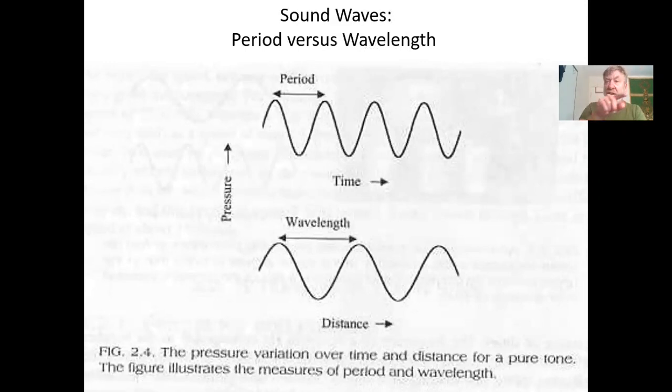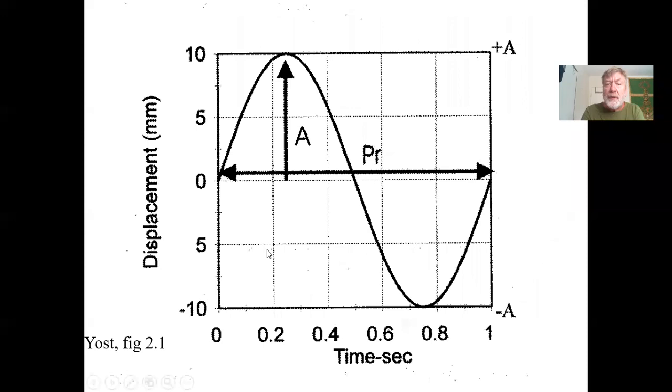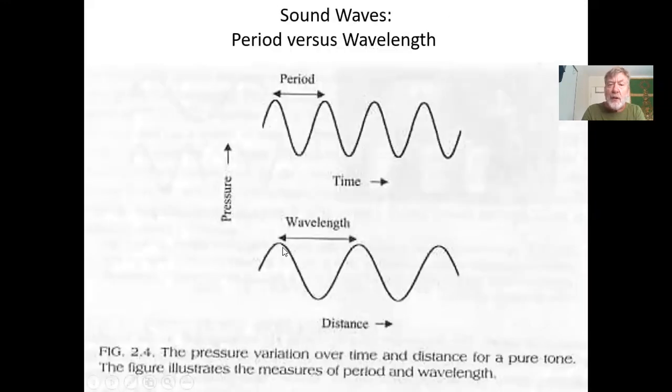Period is, it takes one cycle of sound, follow me here, one cycle of sound, would take a longer time to occur, and AND, its physical wavelength would be longer. High frequency sound on the top, its period is shorter, and its wavelength is shorter.